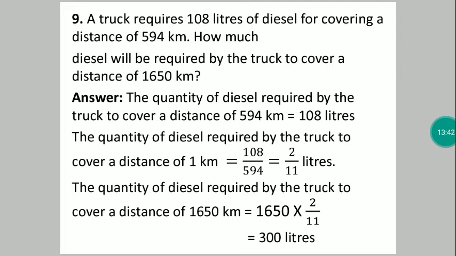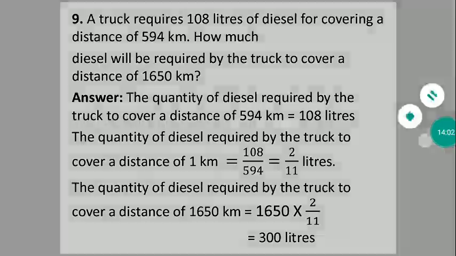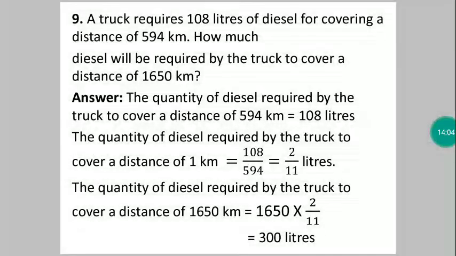See, diesel required to cover a distance of 594 km is 108 liters. So the quantity of diesel required by the truck to cover a distance of 1 km is nothing but 108 liters upon 594, which is equal to 2 by 11 liters.